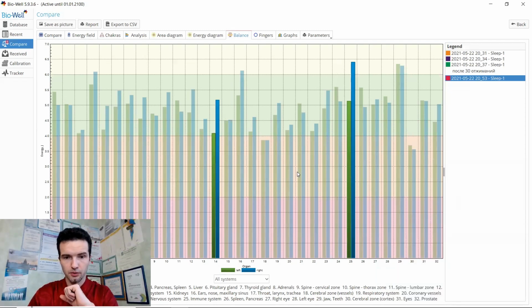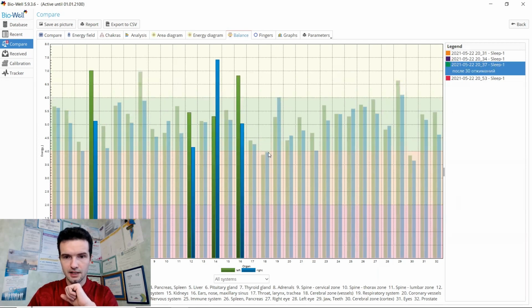Let's take a look. What are these spheres in this case? Column number 18 and number 30. Same here, 18 and 30. 18 is the cerebral zone vessels, 30 is the cerebral zone cortex.